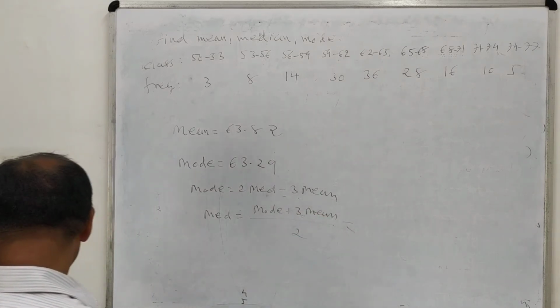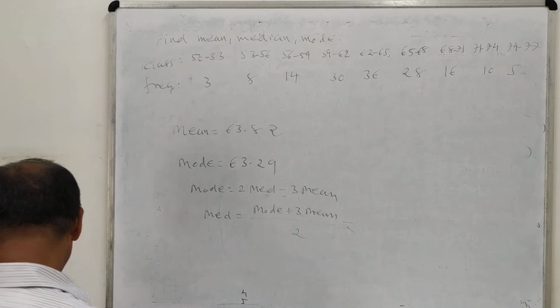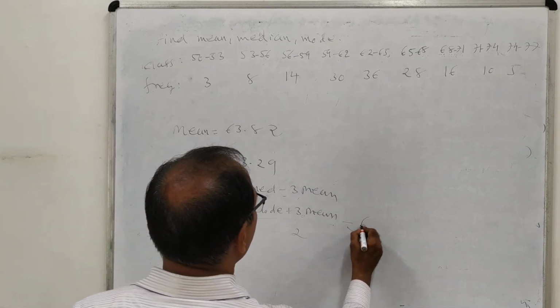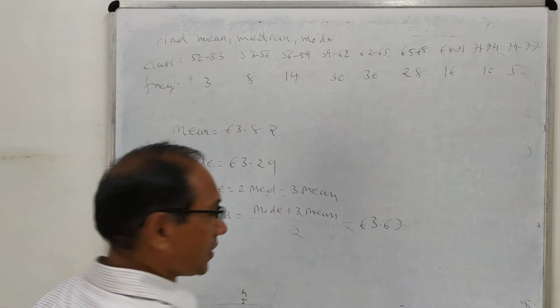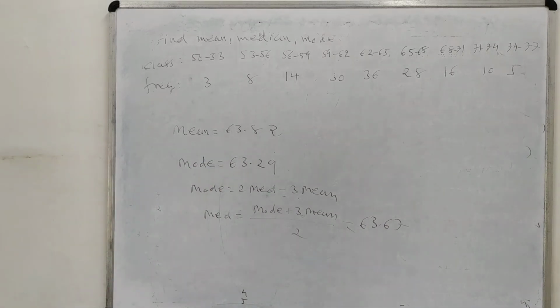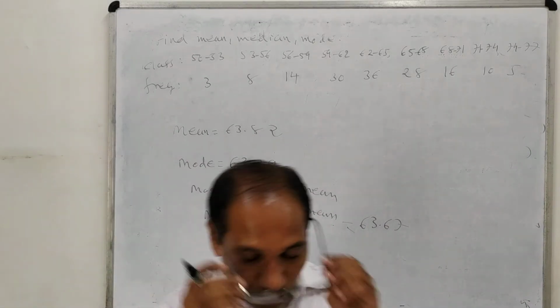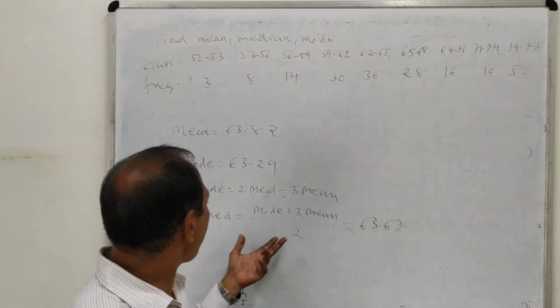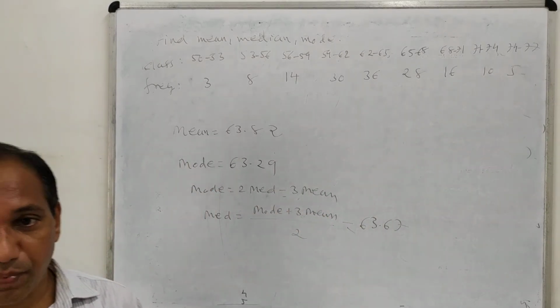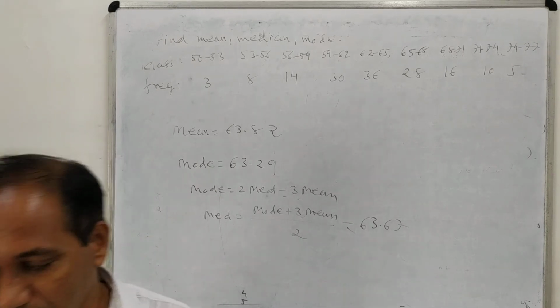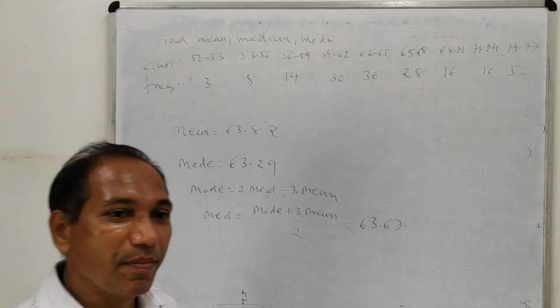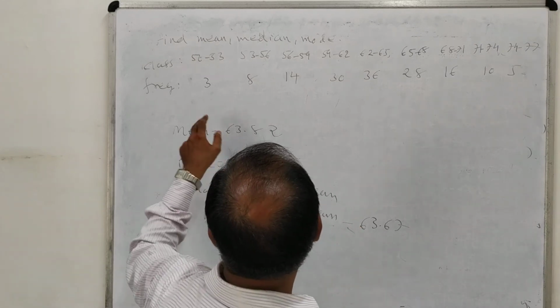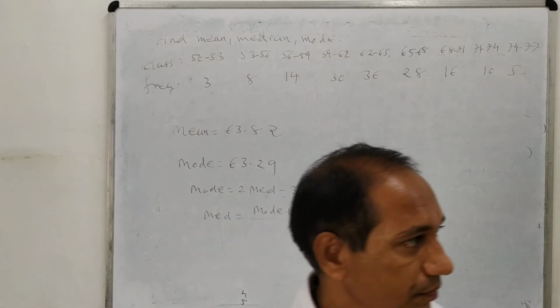If you use this formula, you will get the median as 63.67. One thing you remember is that you don't compulsorily require this formula. You can find out the median directly also if you wish. Each and everything you can find out directly without using this formula also.